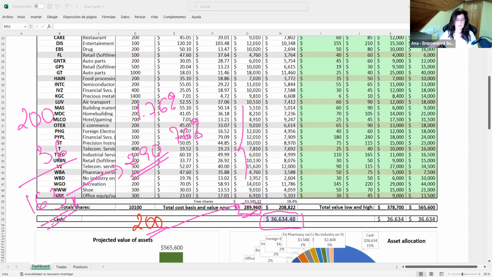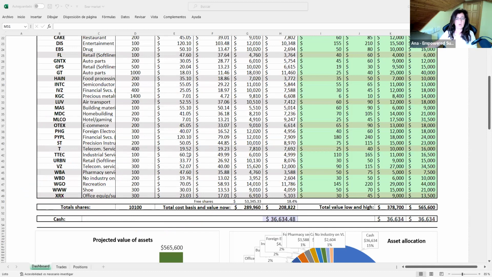So we bought 76% more than we could have if we hadn't managed to get all that money from put income and call income from the market. Effectively, we could say that 18% of the shares have been free, because we bought 53,000 for free. So with 200 invested, we bought 290 worth of shares.